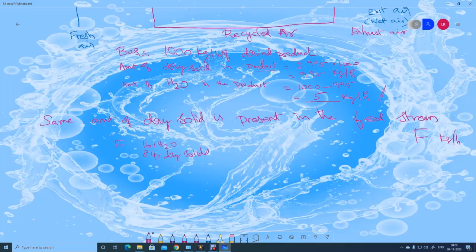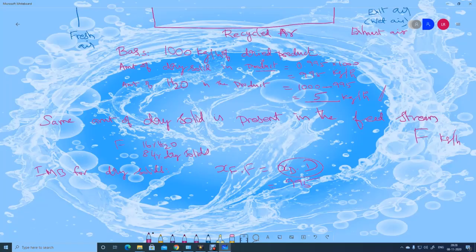Okay, so what is the individual material balance for dry solids? Whatever is the amount that is present, let xf be the mass fraction, xf into F is equal to xd into D. So this amount we have already calculated as 995.